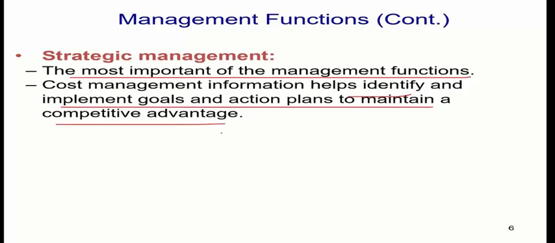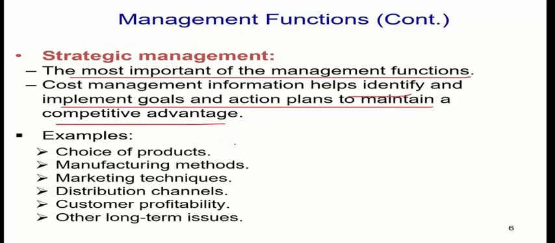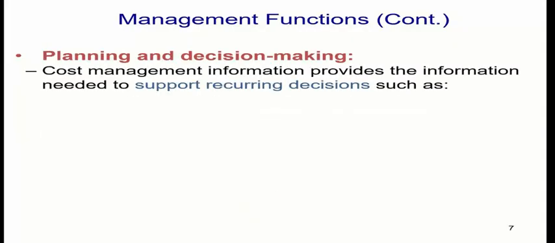Examples of strategic management are which product we should choose, which manufacturing method we should employ, which marketing technique we should use, how we should distribute our product, what our customer profitability is, and other long-term issues. So strategic management is looking at the big picture, and cost management accountants help us tremendously in that function because they give us information about the product. So this is strategic management. Also, after we draw the strategic plan, we have to implement.